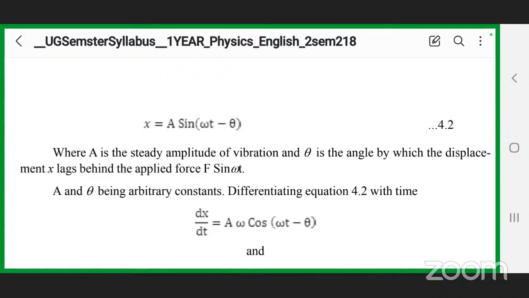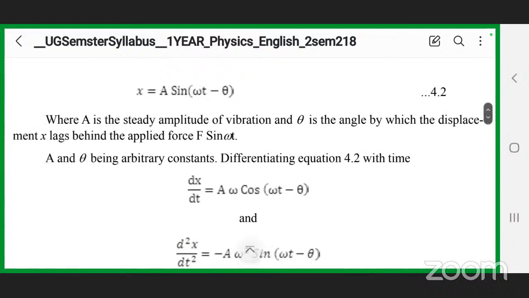The applied force here is F sine omega t, a periodic applied force, but the displacement lags behind this force. That's why we consider this equation.